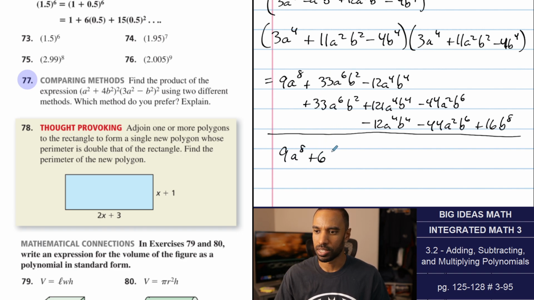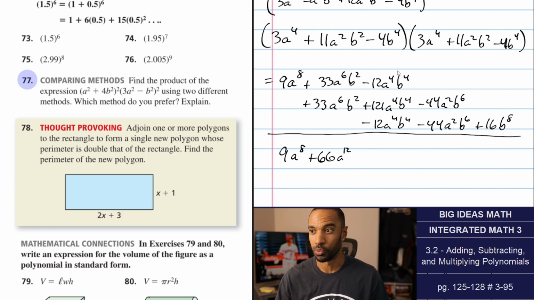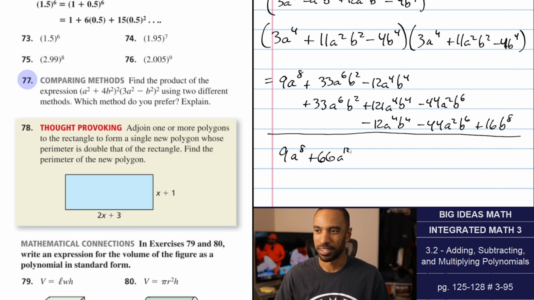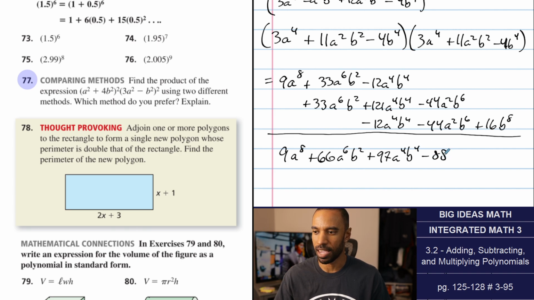This one was 66a to the sixth. No. Oh, shoot. No. Those don't combine. I forgot what I was looking at. This is addition. 66a to the sixth b squared. Negative 24, that's 97. a to the fourth b to the fourth. This doubles up as negative 88a squared b to the sixth. And this is 16b to the eighth.